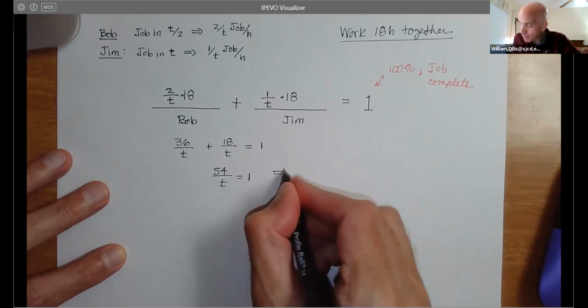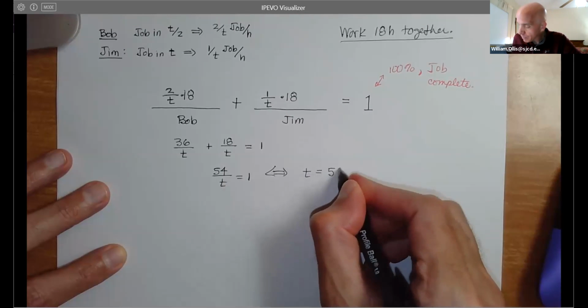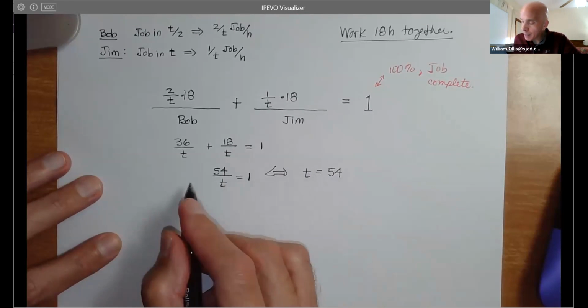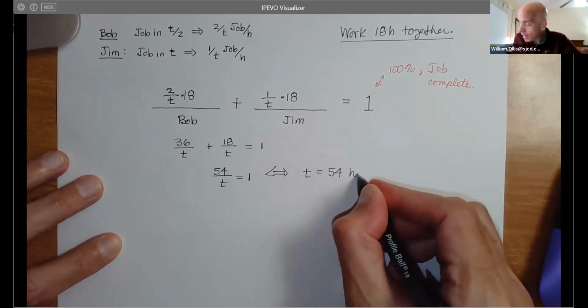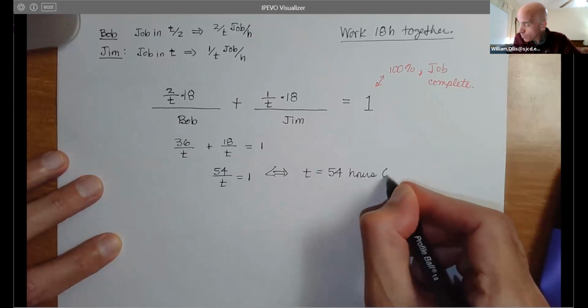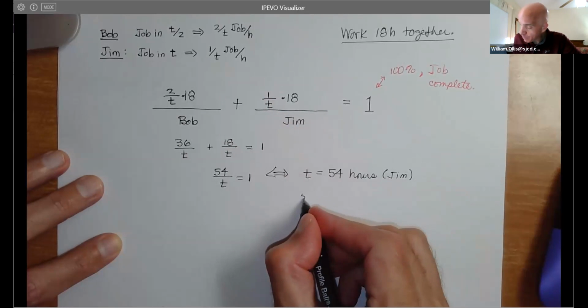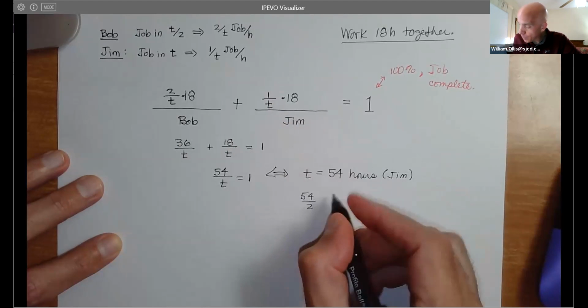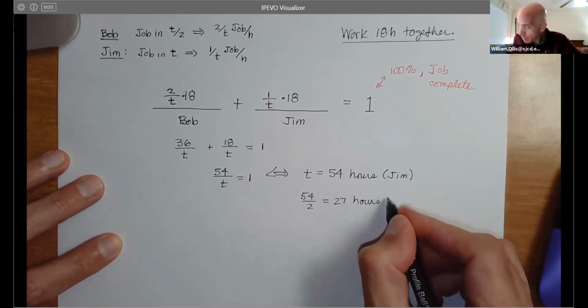So reciprocate both sides, T equals 54. So what we see is Jim requires 54 hours. And then of course, half that, 54 over 2 equals 27 hours for Bob.